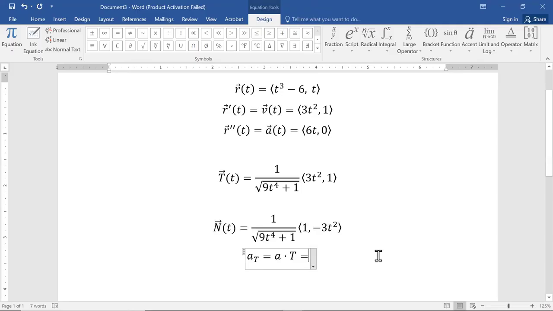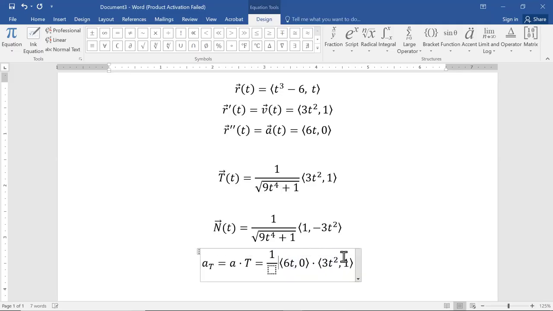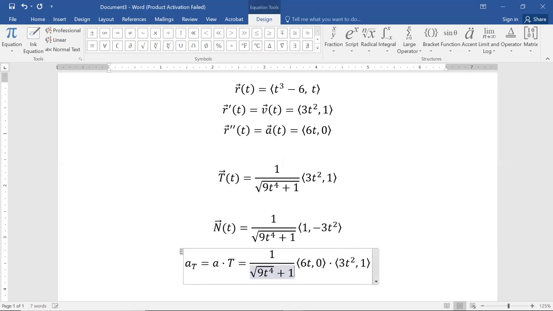So I take the acceleration vector, which is 6t comma 0, and I dot product that with my unit tangent vector, which is 3t squared comma 1 times that coefficient. I'm going to throw the coefficient all the way out front, 1 over the square root of 9t to the fourth plus 1.